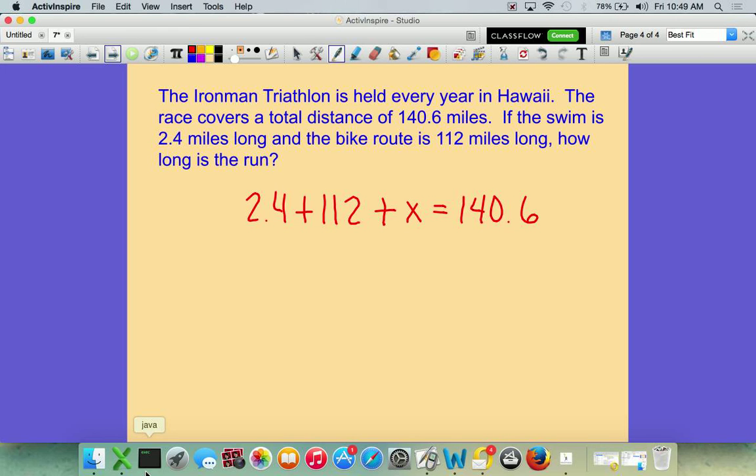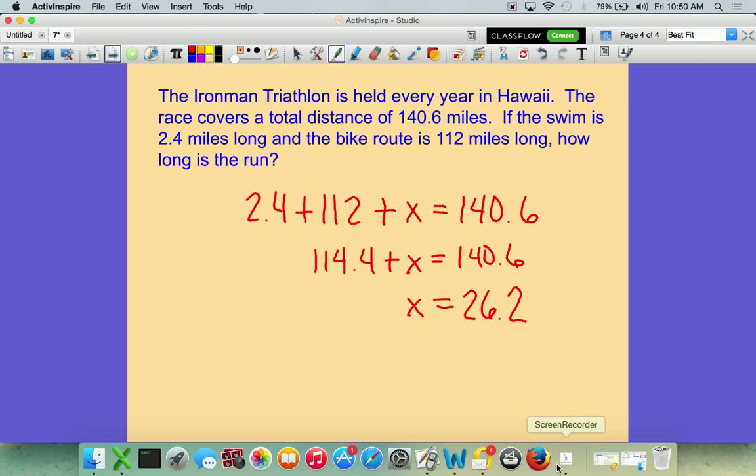We just have to solve for x now. So we combine the left side to 114.4 plus x equals 140.6. Subtract the 114.4 over, and we're left with 26.2. And we need a label here, and these are all in miles, so our label is miles.